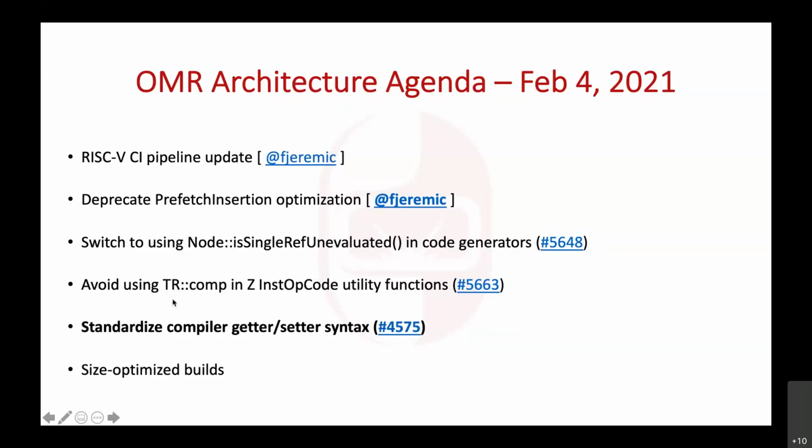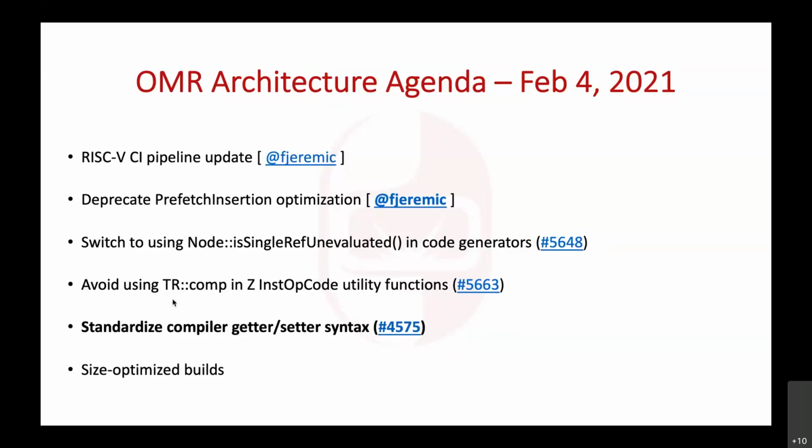The next one is standardizing the compiler getter setter syntax, so 4575. This actually came out of a discussion in some issue or a PR, I can't remember when, a long while ago.